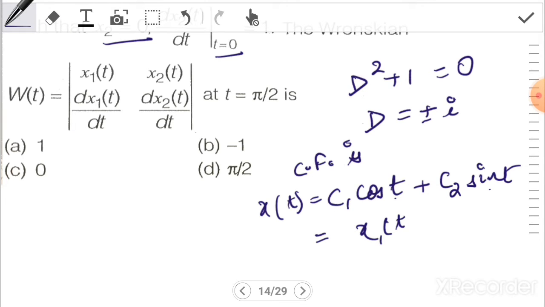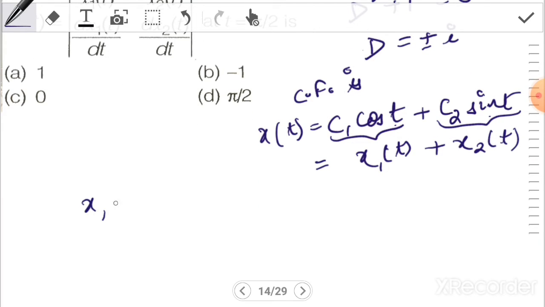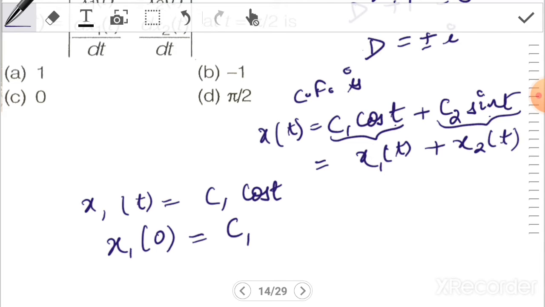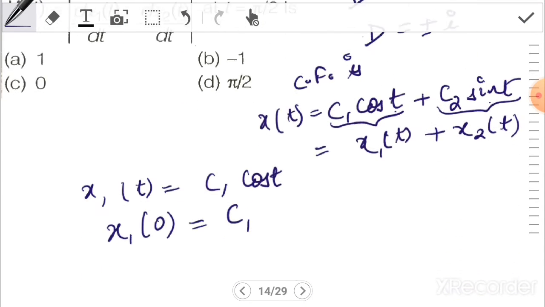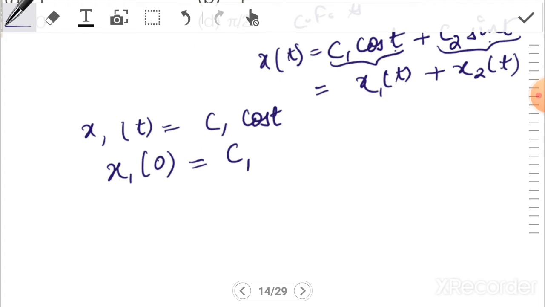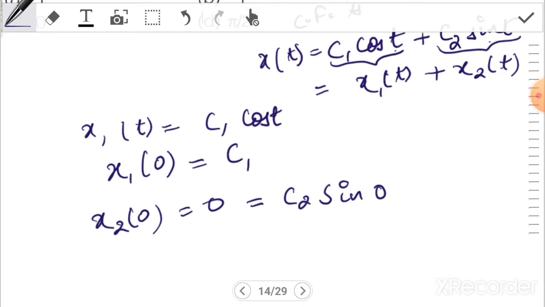Now x1(t) is equal to c1 cos t, and at t is equal to 0, this is equal to c1, right, and x2 at 0 is c2 sin 0, which is 0, right?